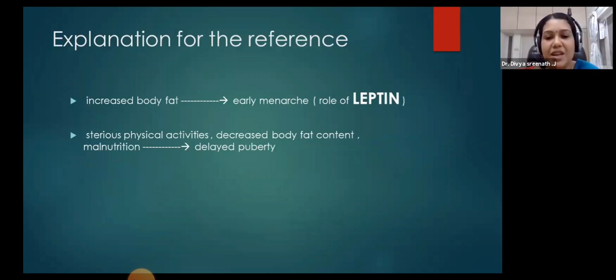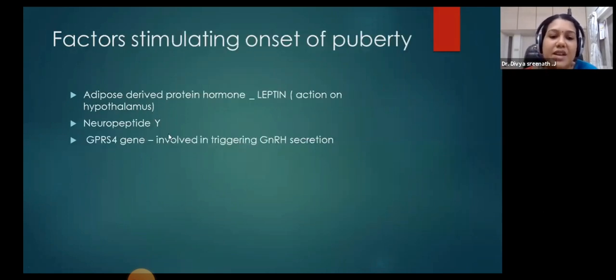So in modern science, we can see that the increased body fat may cause a role of leptin produced from the body fat, which has an important role in the menarche. And also, if a woman is doing serious exercise, having more physical activities, having less body fat, then there will be a chance of delayed menarche, delayed puberty.